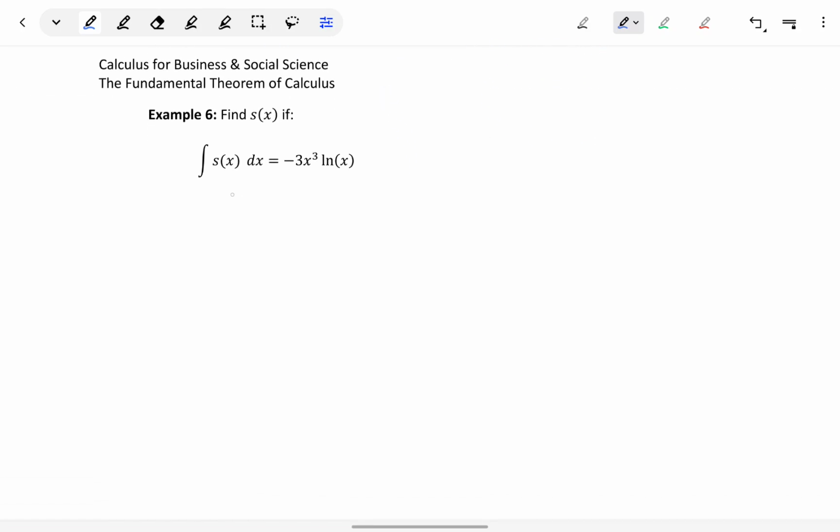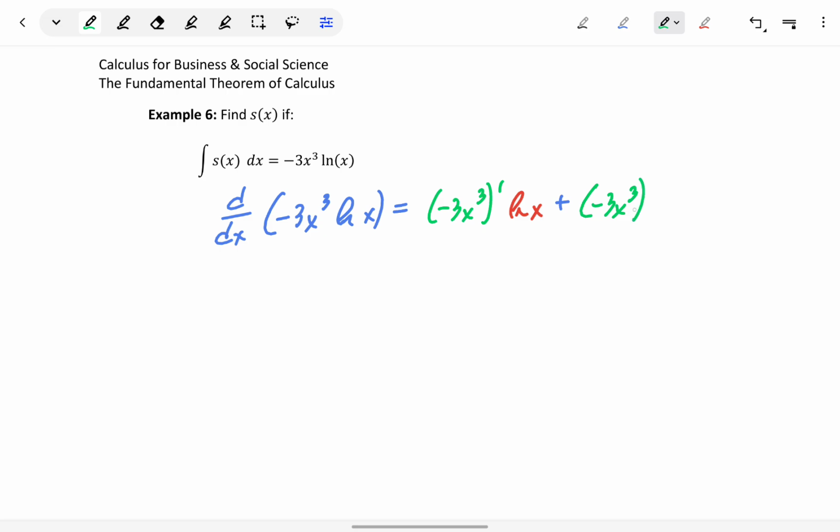Now we're still working backwards. To find s of x, in example 6, we would take the derivative of negative 3x cubed times the natural log of x, which requires an application of the product rule, which will give us negative 9x squared times the natural log of x.